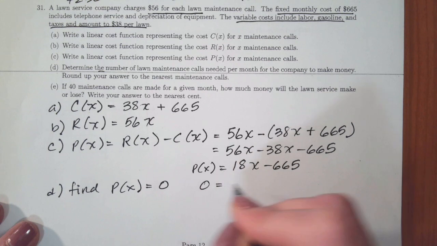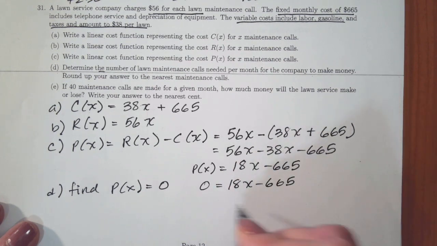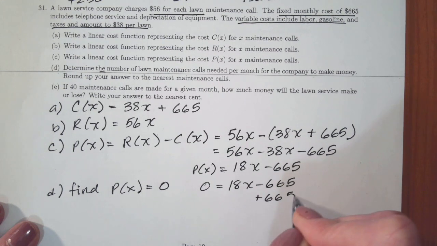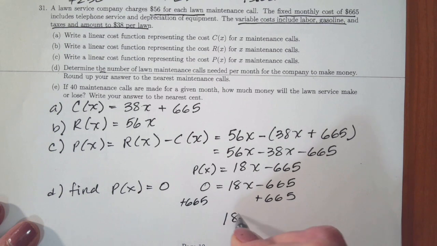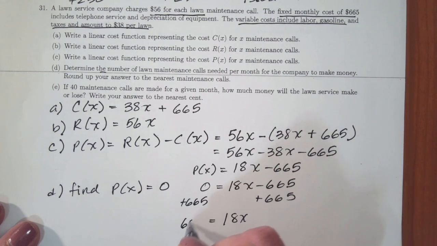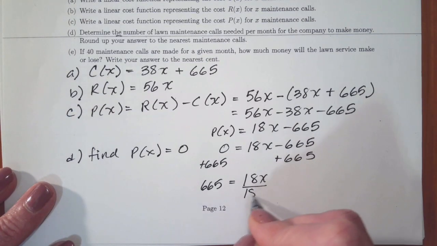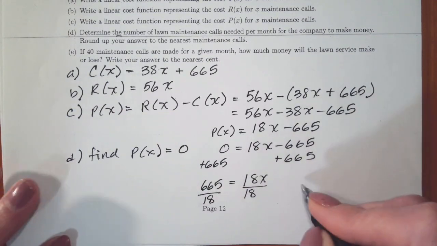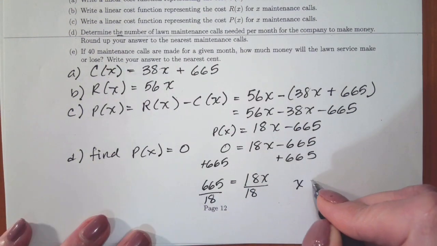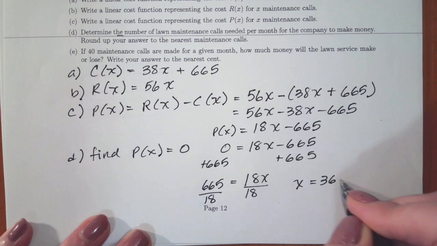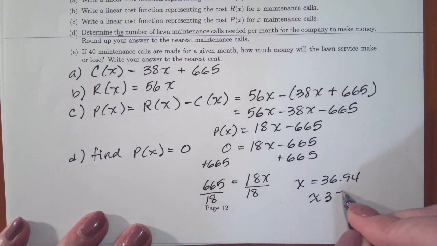So I'm going to take 0 is equal to 18x minus 665. If I add 665 to both sides, that gives me 18x equals 665. Divide by 18, and I get that x is equal to 36.94, which I'm going to round to 37.